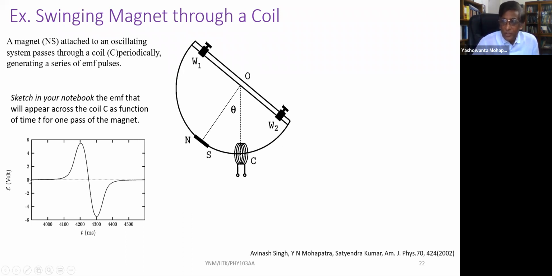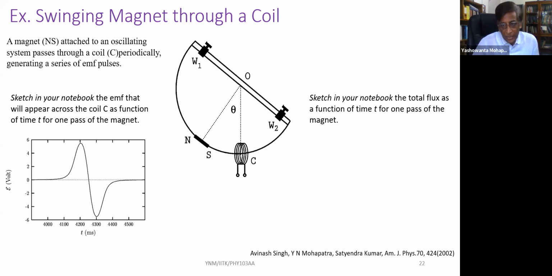In the lab, you would be asked to integrate it numerically, that is, by taking the area under the curve from here to here, then from here, and so on, so that you can plot the flux as a function of time. So sketch in your notebook now the total flux as a function of time t for one pass of the magnet.